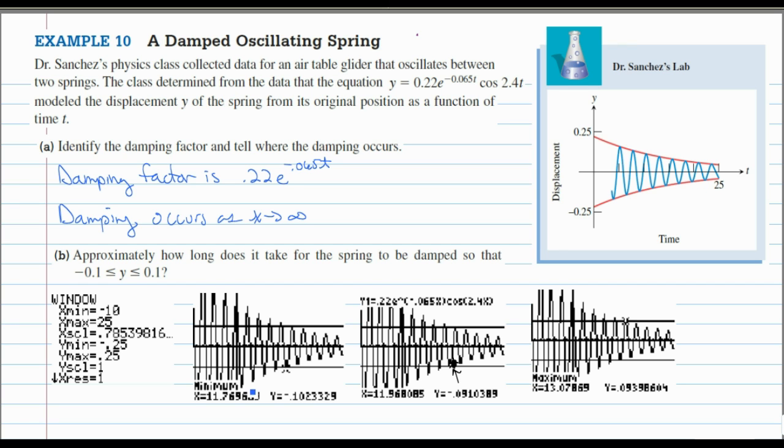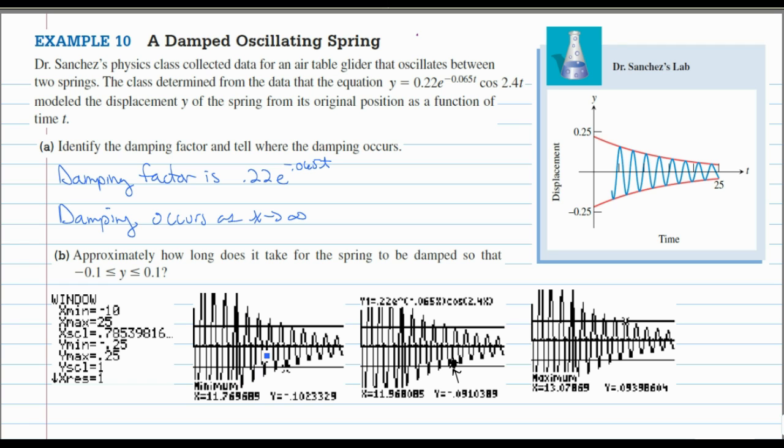So I chose to graph this with the same window they used, well, very similar. And in y2 and y3, I graphed y equals negative 0.1 and positive 0.1. So now I can visually see where the damping is going to take the y values between negative 0.1 and 0.1.